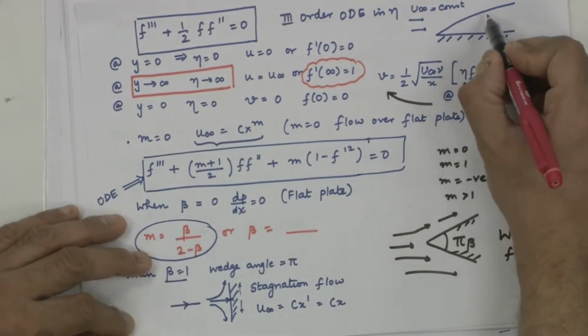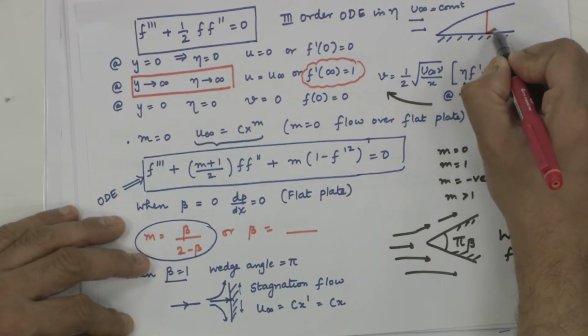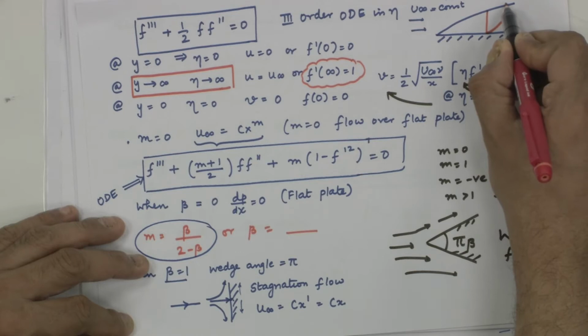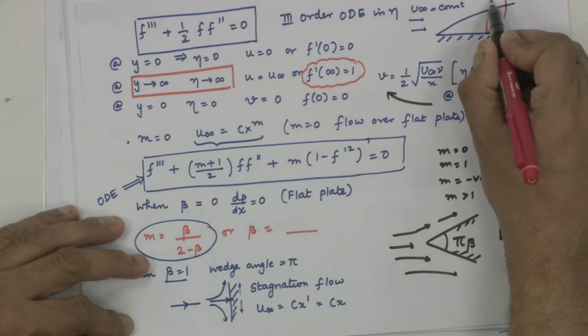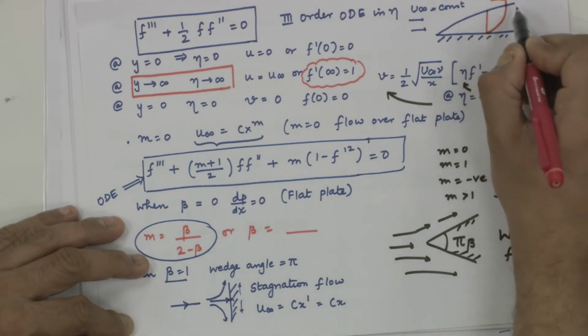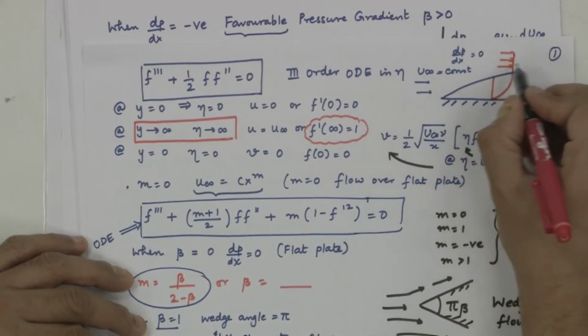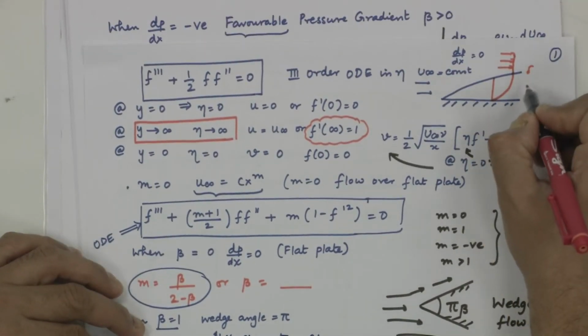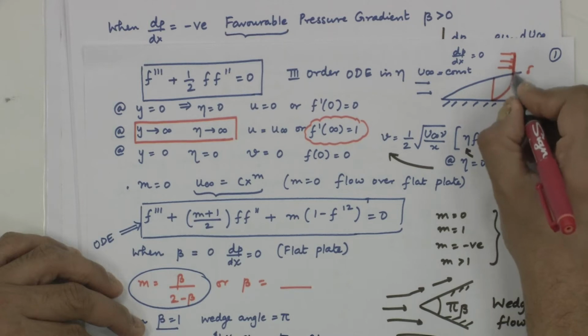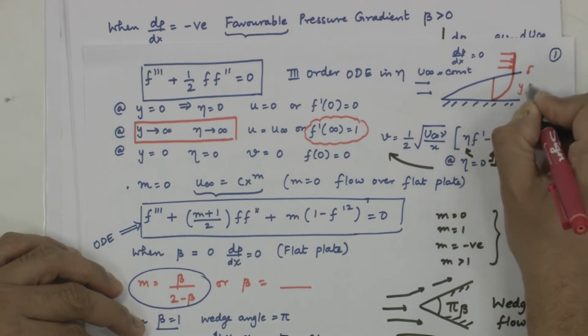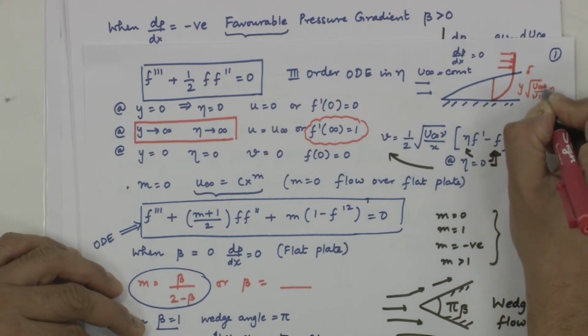What does that mean? It simply means that u has become equal to u infinity and I continue to remain at u infinity even after that, right? This is delta. So, beyond the boundary layer, eta is y times square root of u infinity by nu x, right.